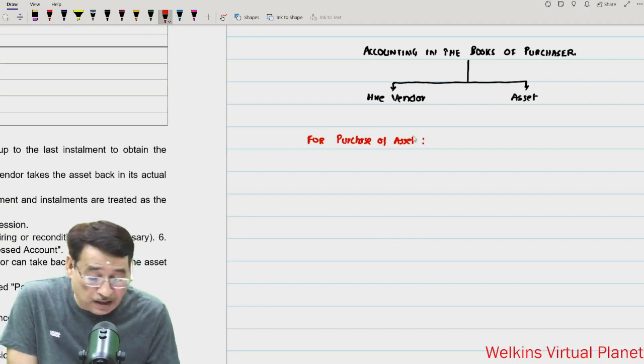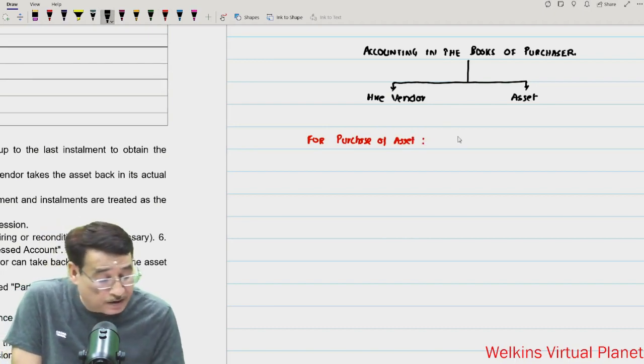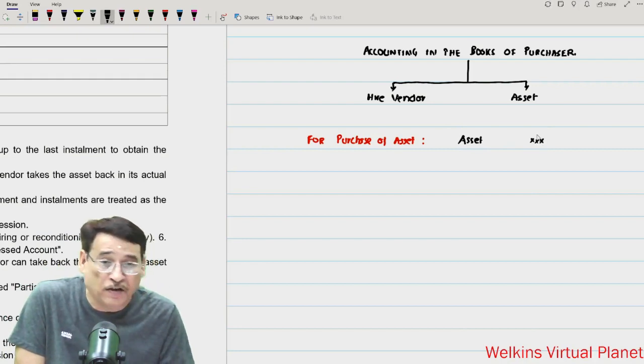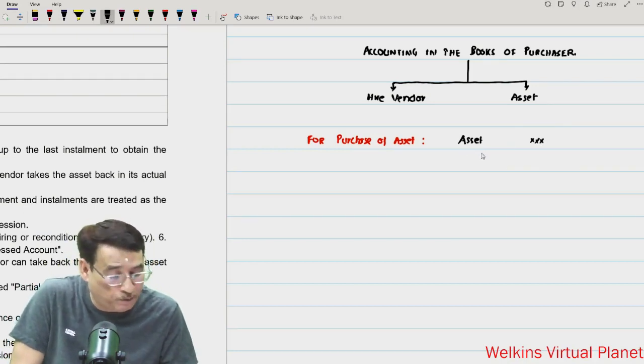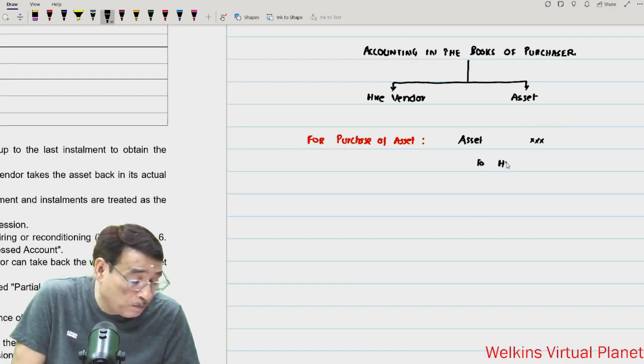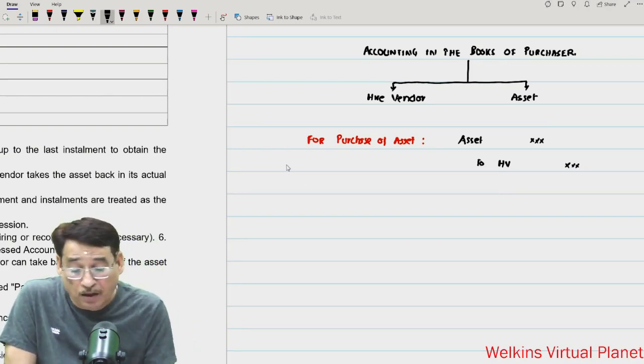When he purchases the asset, the purchaser will write the entry asset account debit, and this entry will be done with the cash price. Remember one thing, cash price happens to be the cost price for the purchaser. Asset account debit to hire vendor account. That means this much amount is payable to the hire vendor, correct?